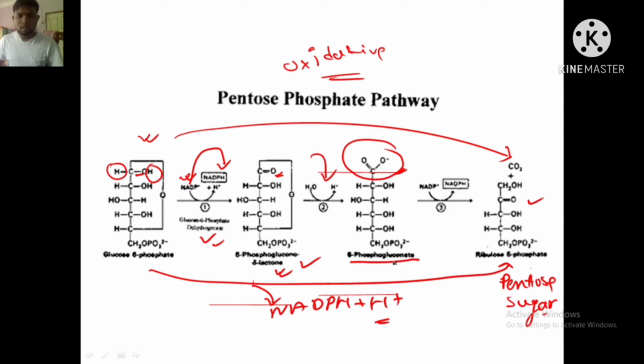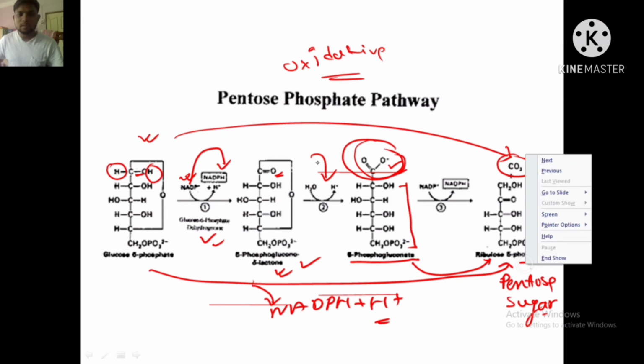Okay, this bond will convert into carboxylic bond and the molecule will be named 6-phosphogluconate. Now 6-phosphogluconate will convert into ribulose 5-phosphate, removing this carbon dioxide as a carbon dioxide molecule and give rise to 5 carbon ketose sugar, that is ribulose 5-phosphate.